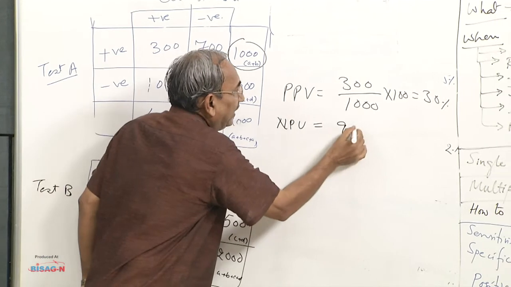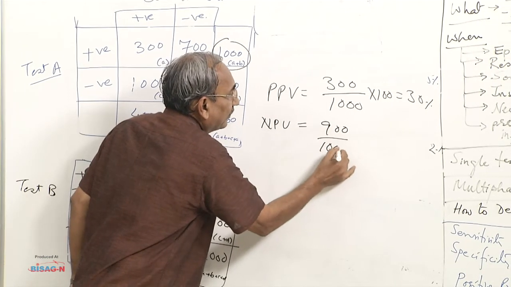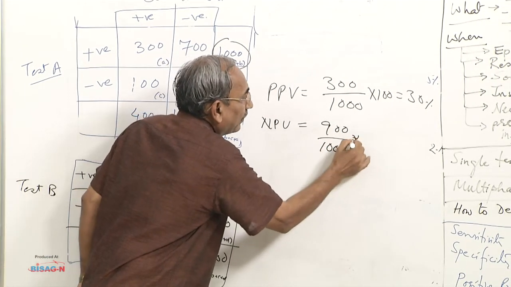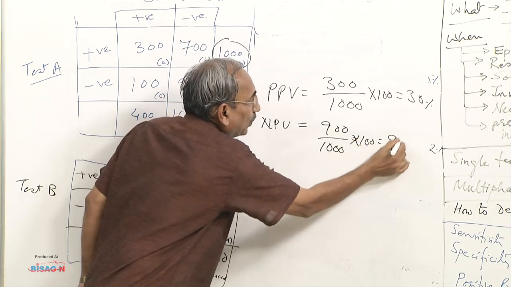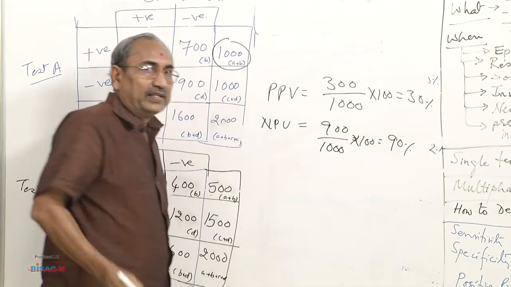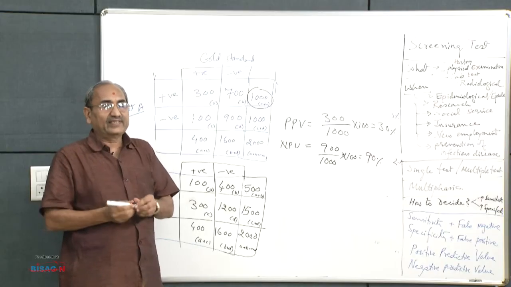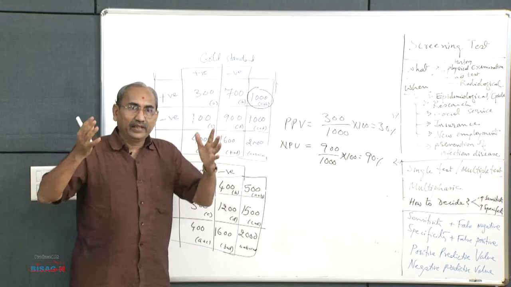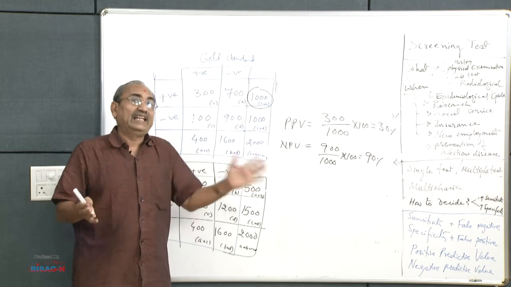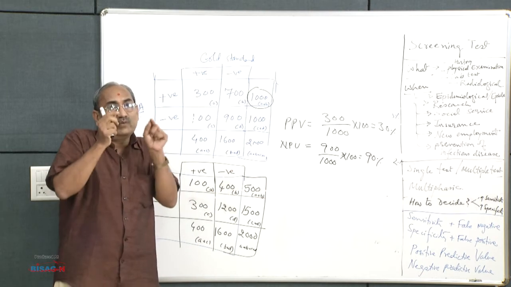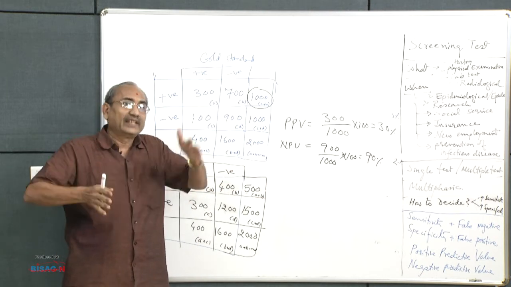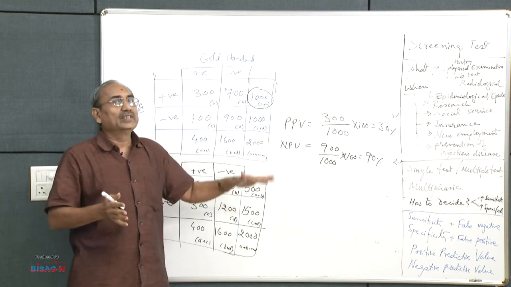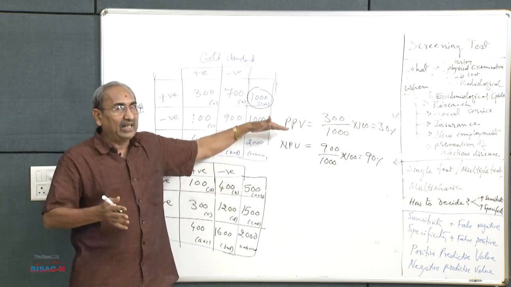So, the negative predictive value of the test is equal to 90%. Test is same, but when this test says you are negative, the probability of being really negative is 90%, while if this test says you are positive, the likelihood of really being positive is 30%. So, this is how we can calculate positive predictive value and negative predictive value.